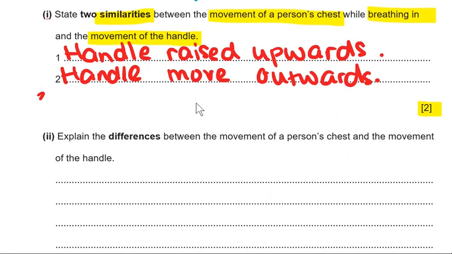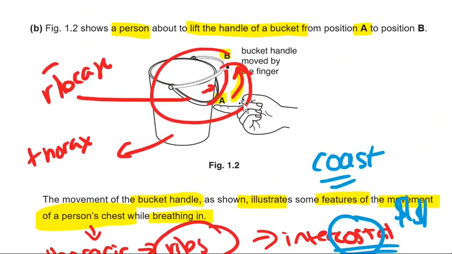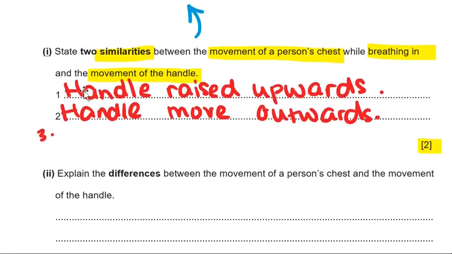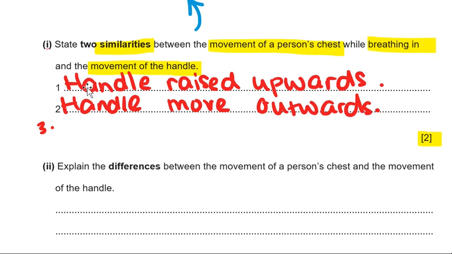So your third point that you can state here is, if you can see what caused the movement of that bucket handle to move upwards, it is actually the hand itself. So that's representing the fact that muscle movement is helping the moving upwards.